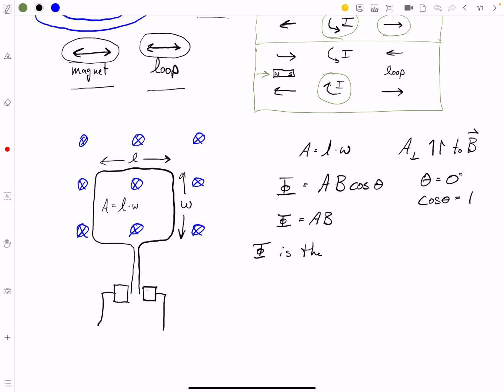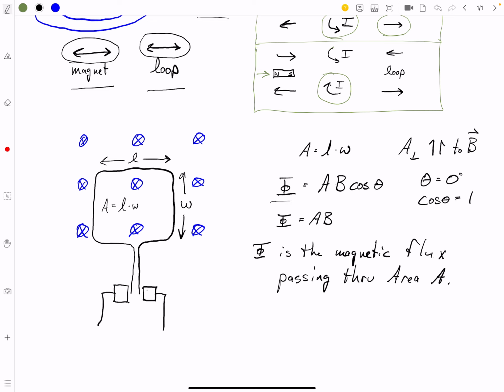The magnetic flux passing through area A. Okay.